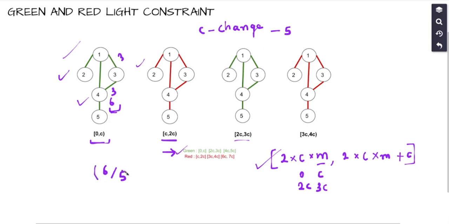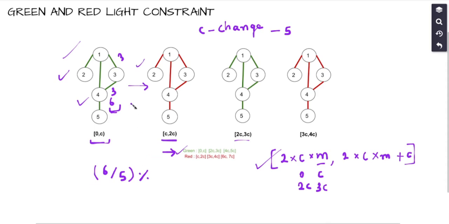So what this basically gives me is the number of flips that I have covered till now. So in 6 minutes I would have 6 divided by 5 flips, that is 1 in this case. That means after one flip, I can see that the lights are turned red.